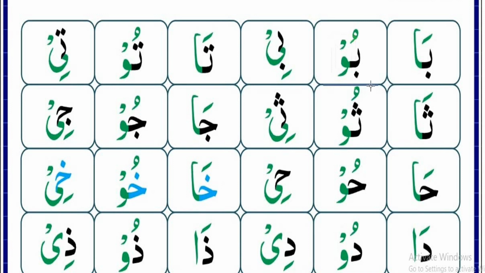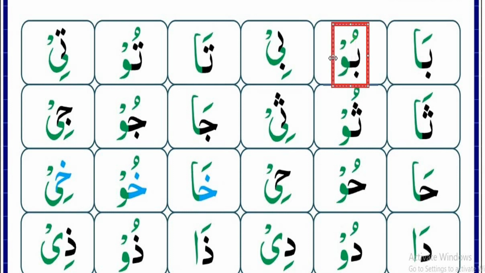But before the rest of the two letters, waw and ya, there is more than one possible sign. So here, the sign before this waw sakin is a dhamma.